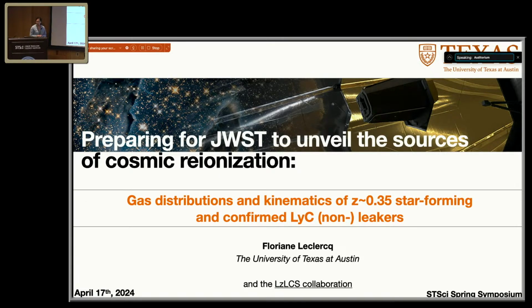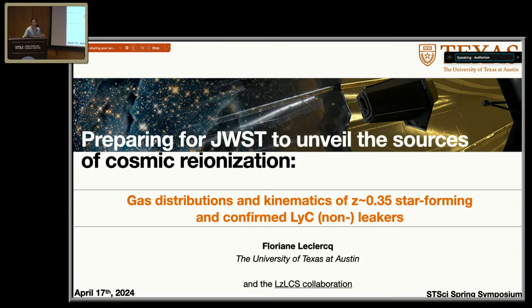The main goal of this analysis is to understand how Lyman continuum photons escape those galaxies and what makes those galaxies Lyman continuum leakers, and ultimately to understand the sources of cosmic reionization. I know that is not the main focus of this conference, so I'll start with a brief introduction.